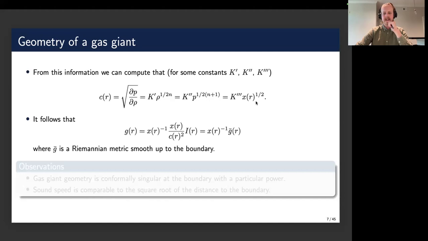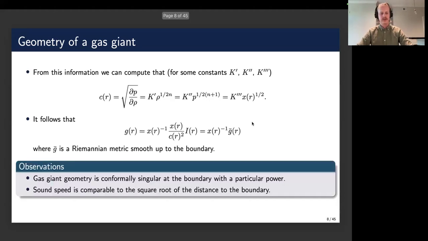Since x has a square root type behavior related to c, if we denote this guy by g bar, then this will have nice properties as it goes to the boundary, whereas the conformal factor in front, x to the power -1, will blow up at the boundary.